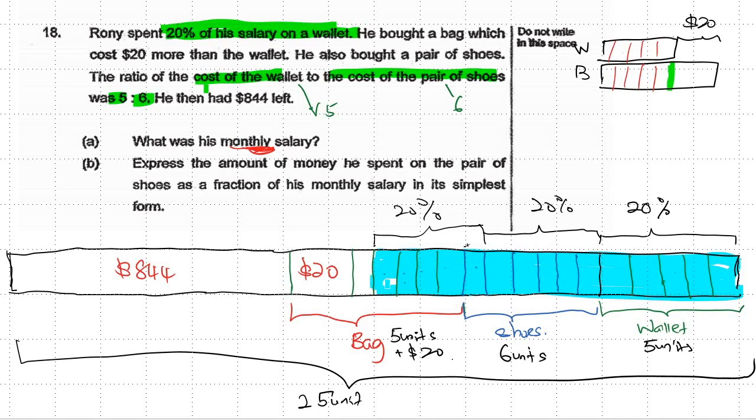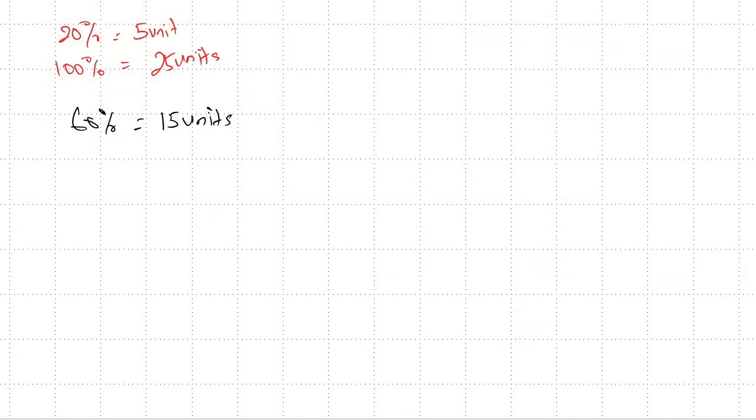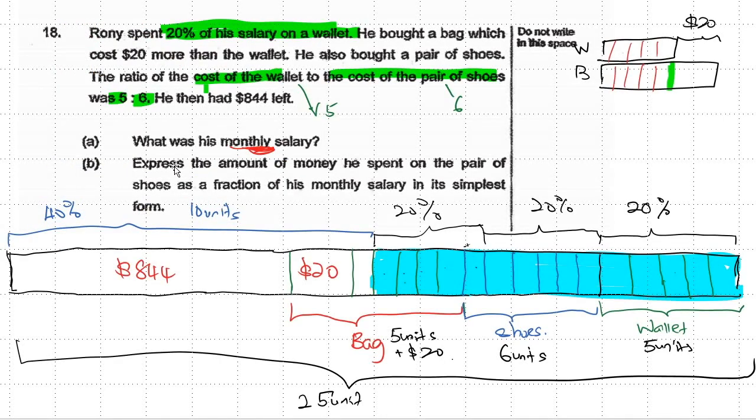So if I do 25 minus 15 units, this whole thing here is 40%, and it is 10 units. Because the total is 25 units, 25 minus 15 gives me 10 units. This 40% is 10 units.